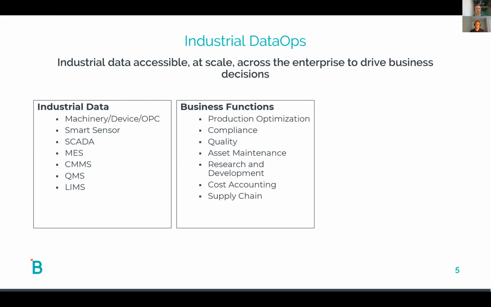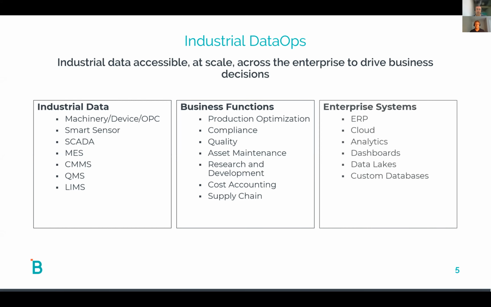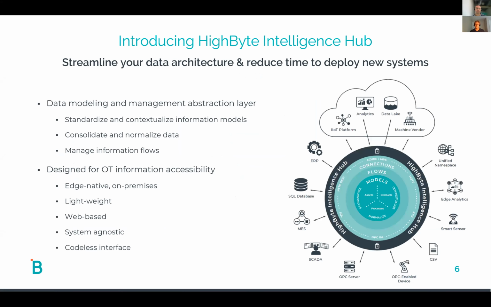So a lot more business functions within the company that have never had access to industrial data are looking to get access to it. And they bring along with them enterprise systems. Could be your ERP system, could also be cloud or analytics, dashboards, data lakes, custom databases. And the key is, how do we move data smoothly at very high rates across all these different systems, the industrial and the IT systems, so that we can execute on these business functions.